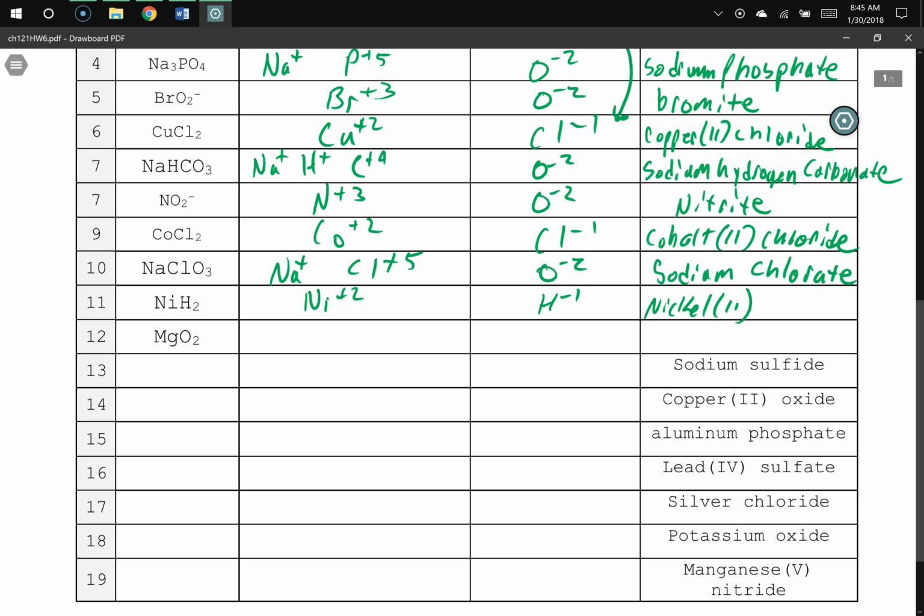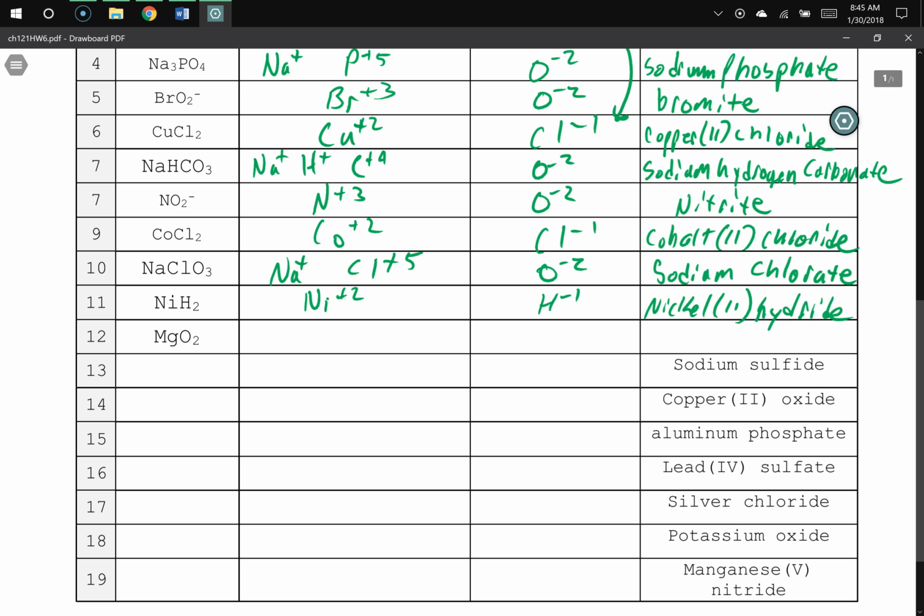Every single one of these things ends in "ide." So I have to do the same thing with the hydrogen because the hydrogen is now a negatively charged thing. So the word is hydride. You might have heard that word used in a battery, a fairly common rechargeable battery. They call it nickel metal hydride, but it's nickel 2 hydride is the actual formula.